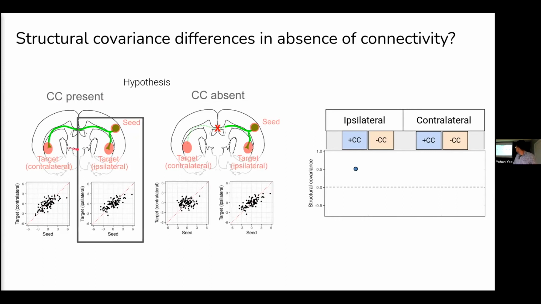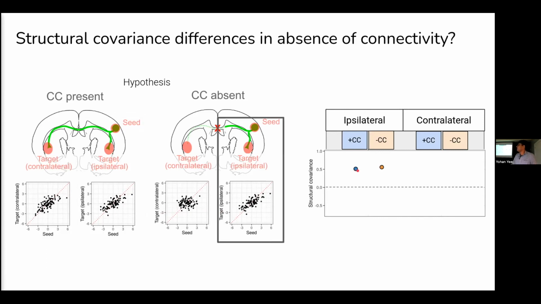If connectivity drives structural covariance, you'd expect that because the seed and the ipsilateral target are connected, you'd find a reasonable, moderate to high correlation. So this is just simulated data, and I'm plotting that as a point here on the right.